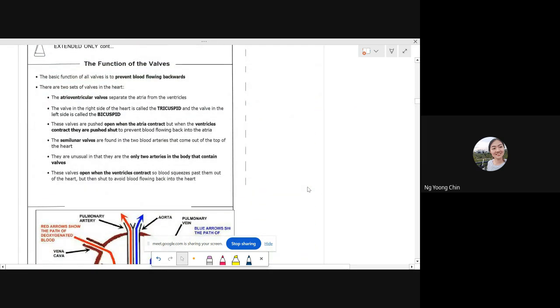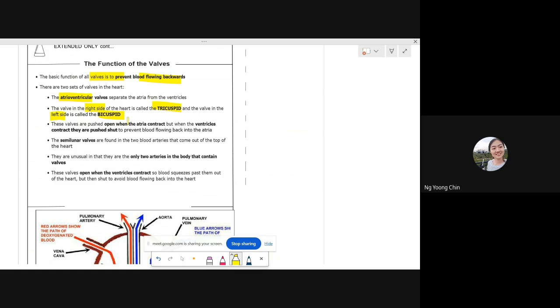Okay, so now we talk about the function of the valve. The valve will prevent the blood from moving backwards. So you have 4 types of valve, right? The atrioventricular valve is comprised of the tricuspid valve, which is on the right side, and the bicuspid valve on the left side. You can see this tricuspid and bicuspid valve is just between the atrium and the ventricle.